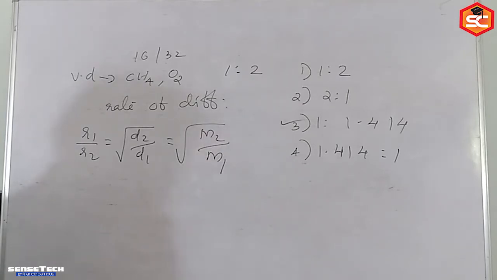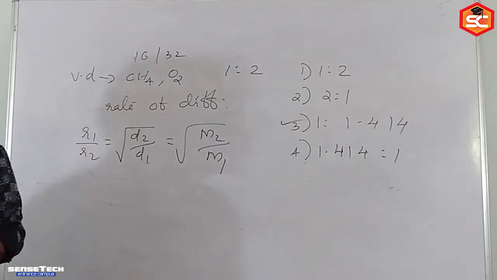Calculate the amount of gas required to fill a gas cylinder of 100 liter capacity under given conditions. Molecular mass of the gas is given, it is 30. The question is clear now. Calculate the amount of gas required.